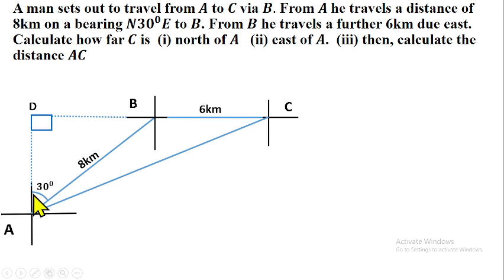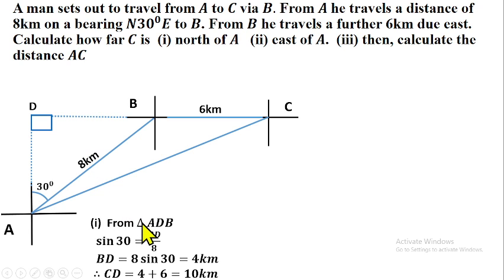We can see that triangle ADB is a right angle triangle, because it's a right angle here, and this angle here is 30 degrees, which is inside it, and this side is 8 kilometers. So we can use the trigonometric ratio here now to find this side, which is opposite over what? Hypotenuse. So sine 30 will give us, from triangle ADB, sine 30 equals BD over 8, opposite over hypotenuse.